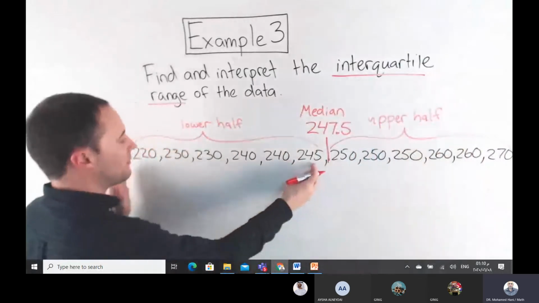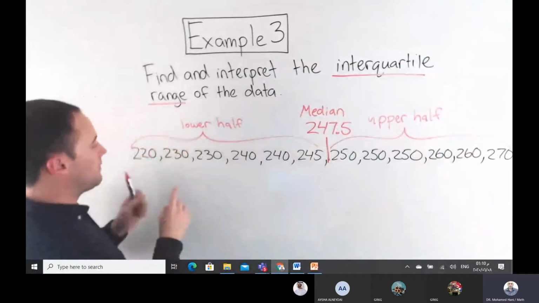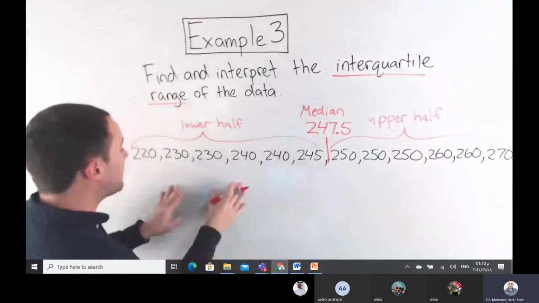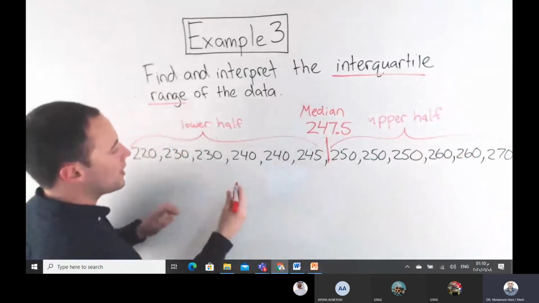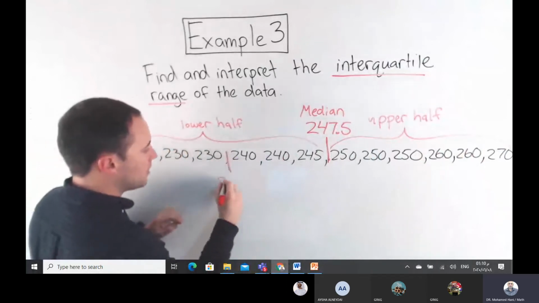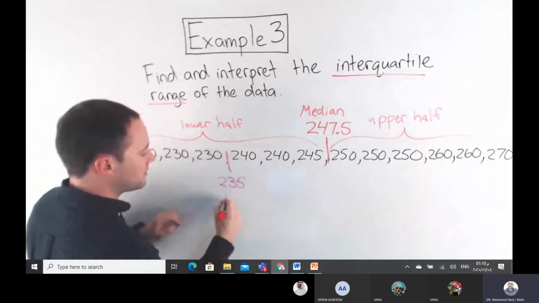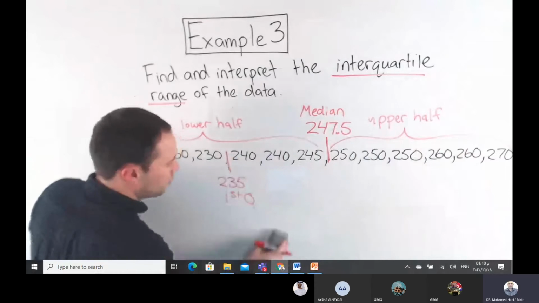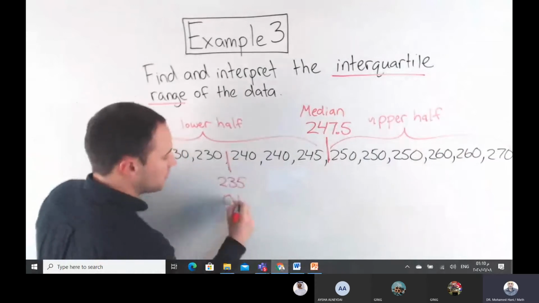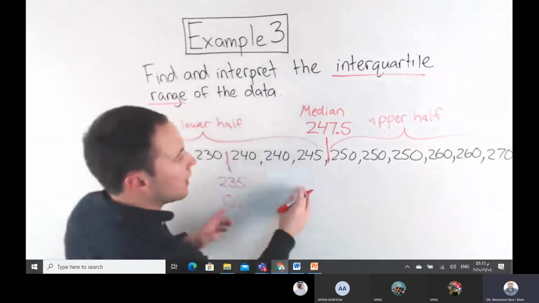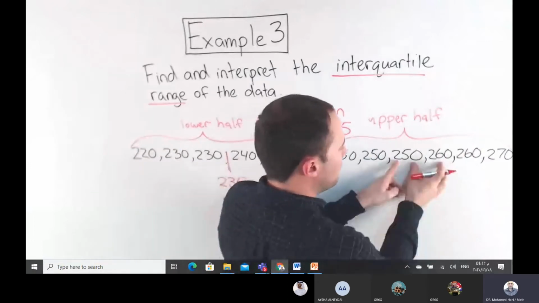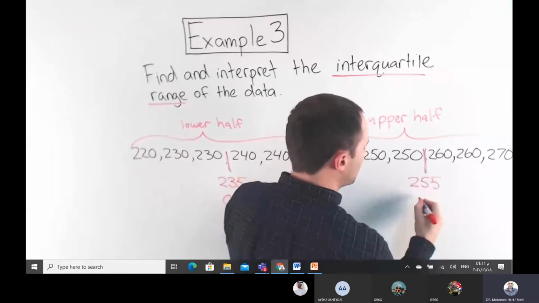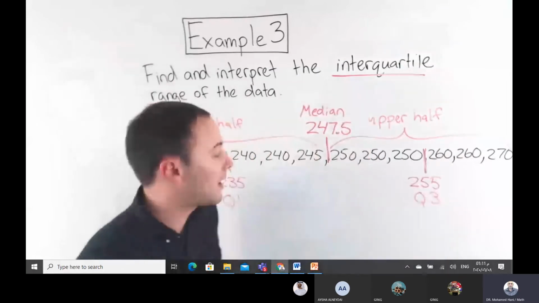For my first quartile, I'm going to find the median of the lower half. We've got 6 values, an even number again, so the middle is between the 3rd and 4th. 235 is my first quartile, Q1. For the upper half, the same thing, and 255 would be my third quartile.